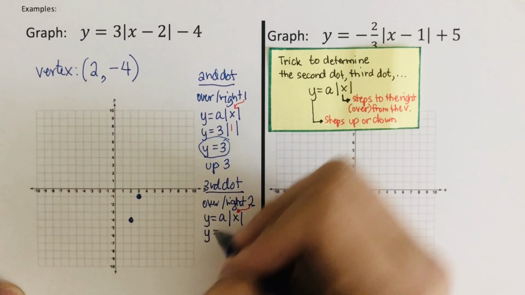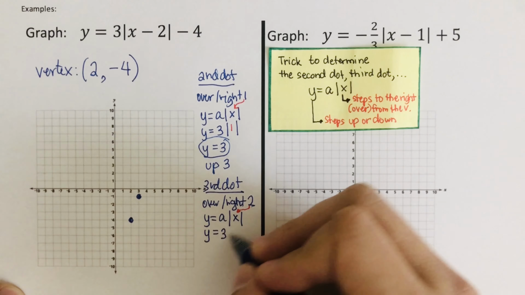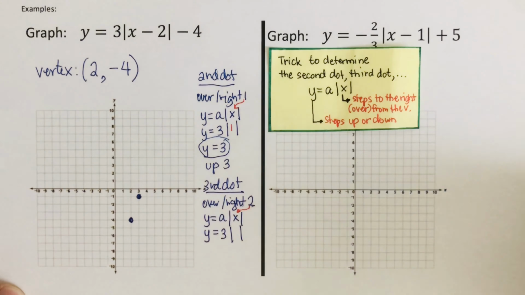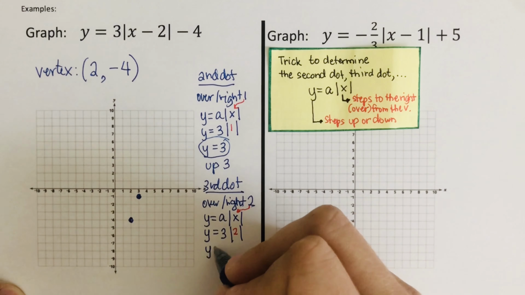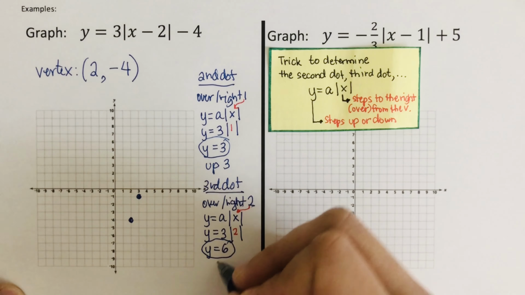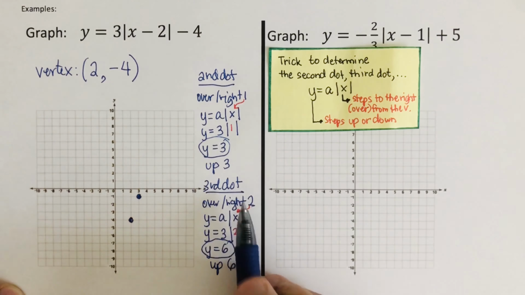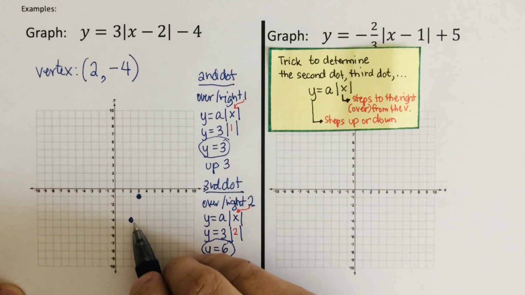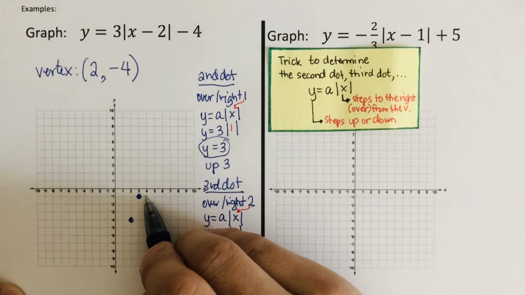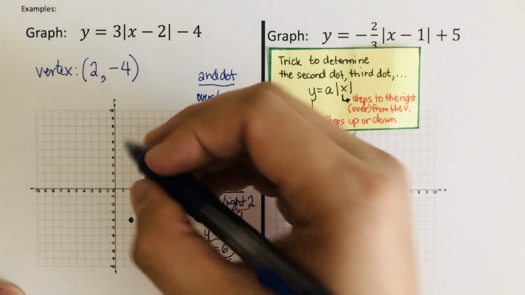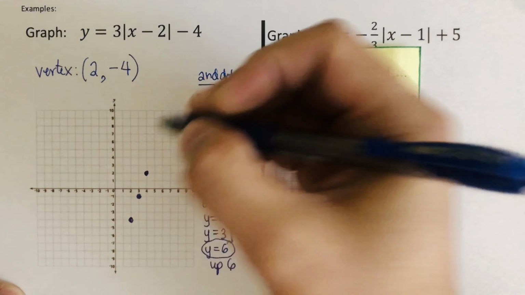So y is equal to, the a here is 3, and then the absolute value of 2, so that is equal to 6. So what does this mean? We go up 6. So right 2 up 6. So from the vertex, 1, 2, 1, 2, 3, 4, 5, 6. So this is the next dot.